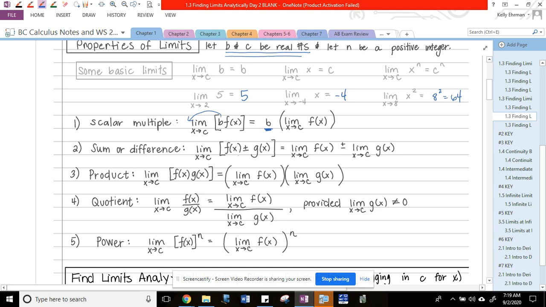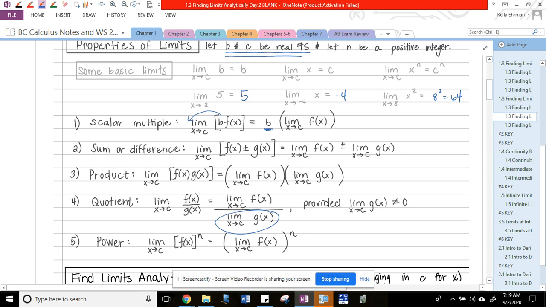You're allowed to add or subtract two functions together and then take their limit, or it's often easier to separate them, take the limit of f and add or subtract that to the limit of g. Same thing with multiplication. Same thing with division, assuming your denominator doesn't equal 0.